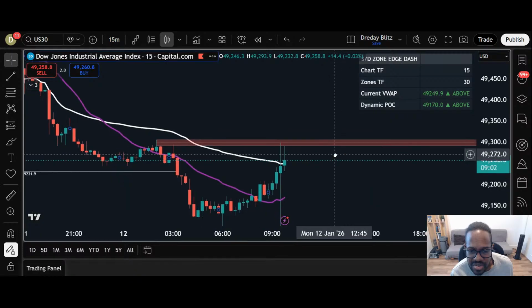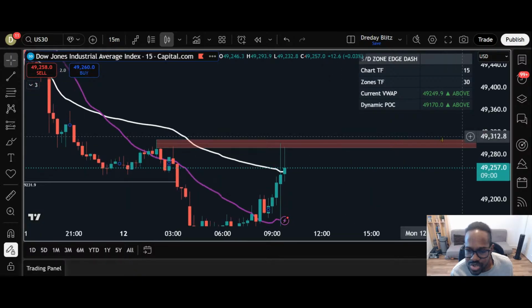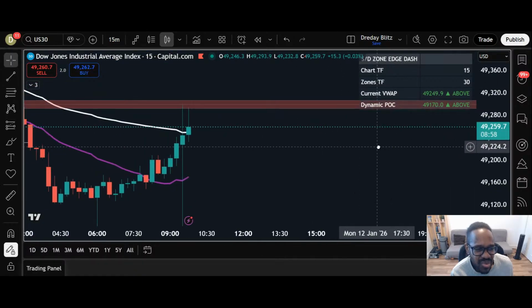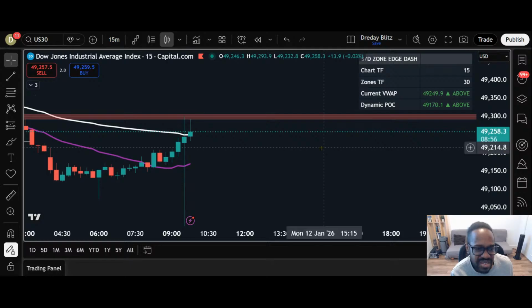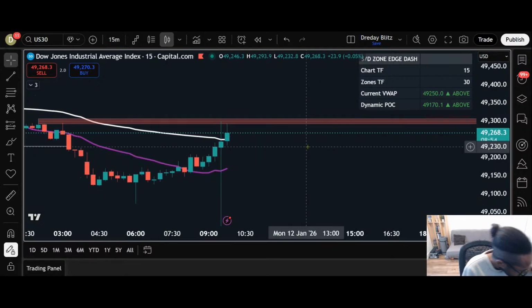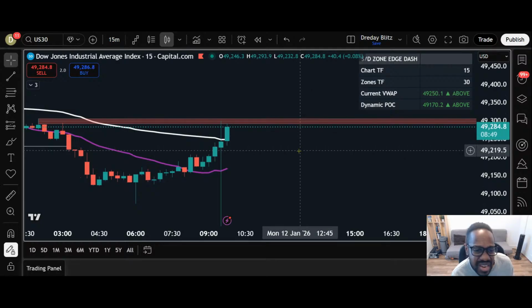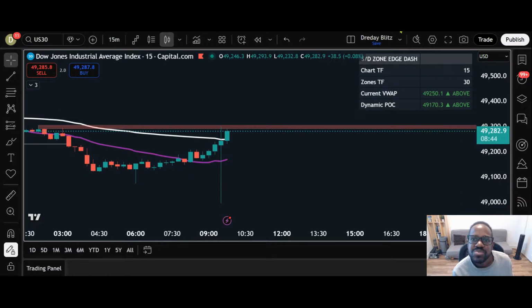So right now, based off of the 4-hour structure, should be going to the upside. It's going to take a while here to do that. Now it's near the end of that 9 o'clock candle. So at this point, I would take a buy here.